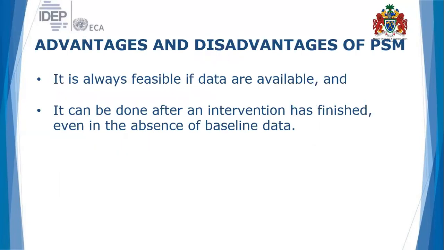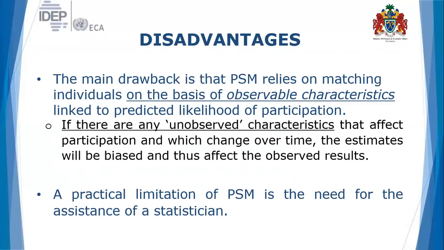Now, what are the advantages of the propensity score matching technique? One, it is always feasible if data are available. And two, it can be done after an intervention has finished, even in the absence of baseline data. However, the main drawback is that the technique relies on matching individuals on the basis of observable characteristics linked to the predicted likelihood of participation. Now, what if there are unobservable characteristics?